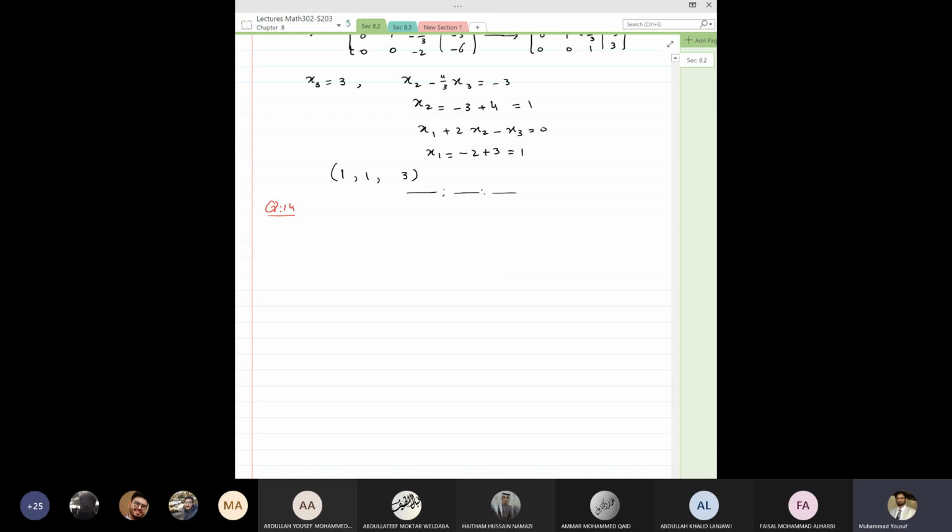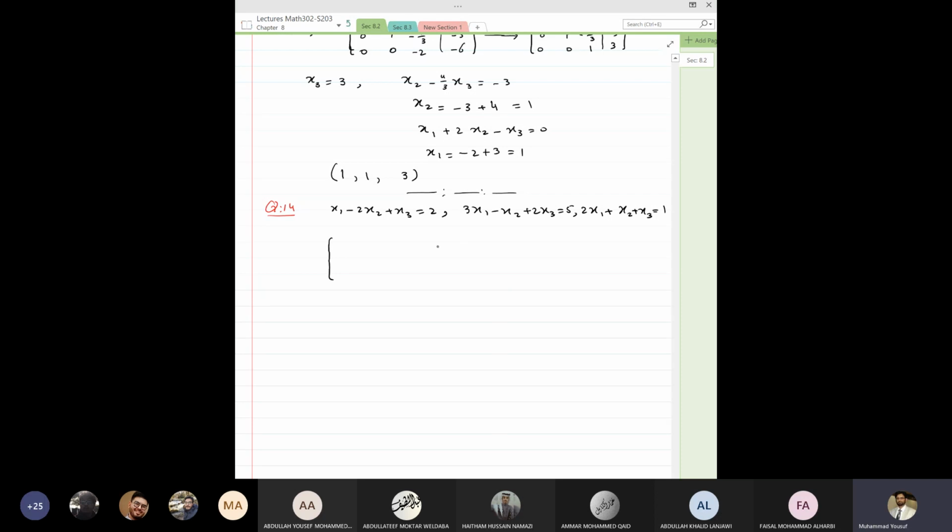Let me write the equations, for the sake of completeness. x1 minus 2x2 plus x3 is equal to 2. 3x1 minus x2 plus 2x3 is equal to 5. 2x1 plus x2 plus x3 is equal to 1.